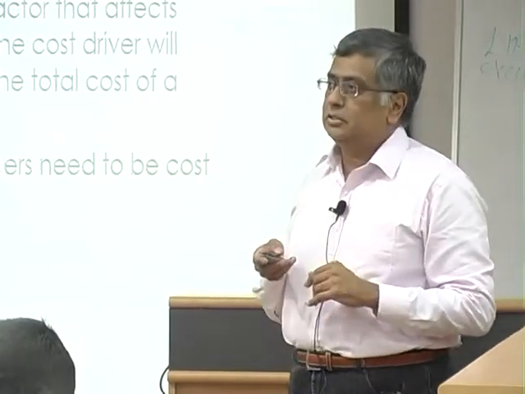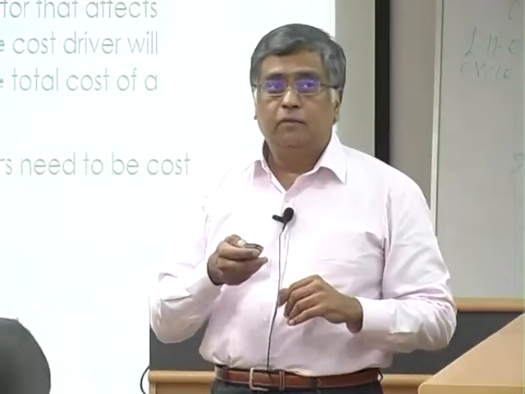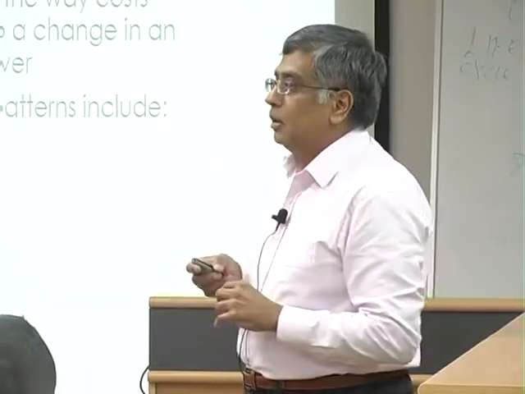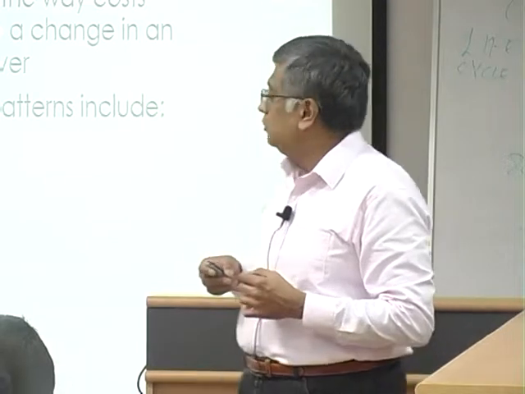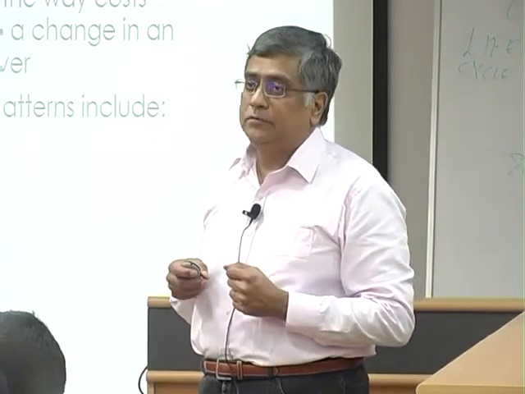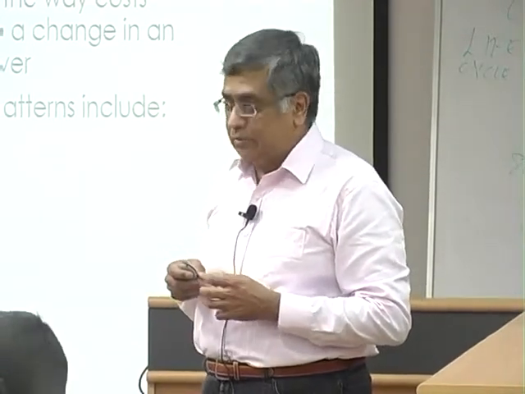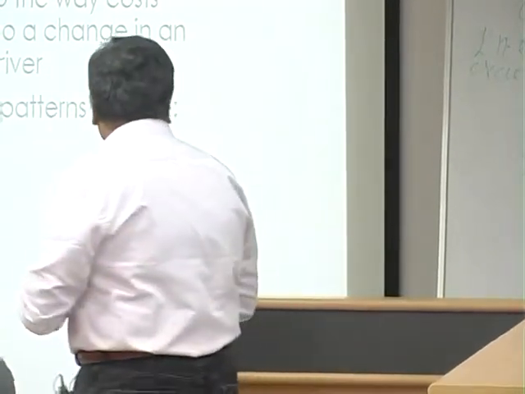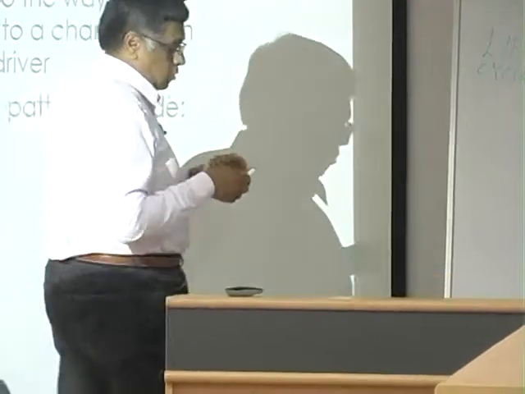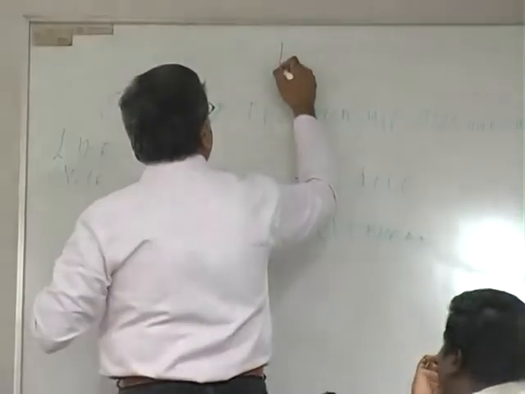Supply chain managers need to be experts in cost management, and for that we need to revisit how cost behaves along with the activity level of the cost driver. And typical activity level would be, I'll just make a simple example. For products, it will be units.